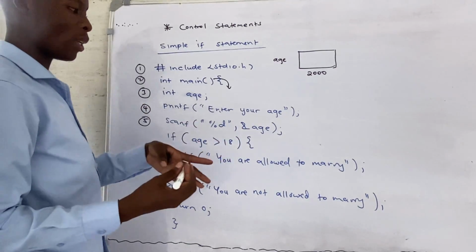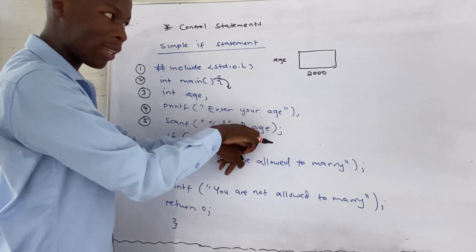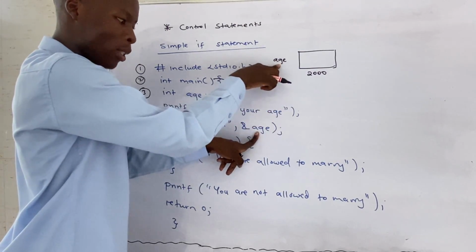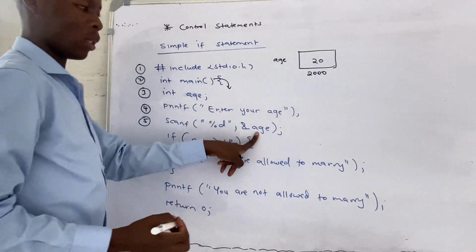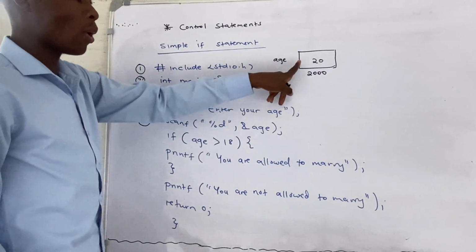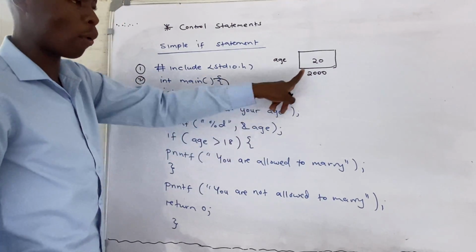So this 20 is being directed to this variable called age. So 20 is now stored. We are going to put this 20 in the variable age with the help of the address.